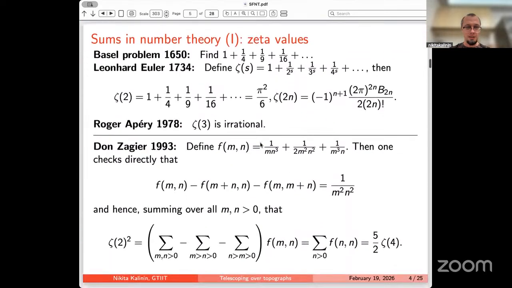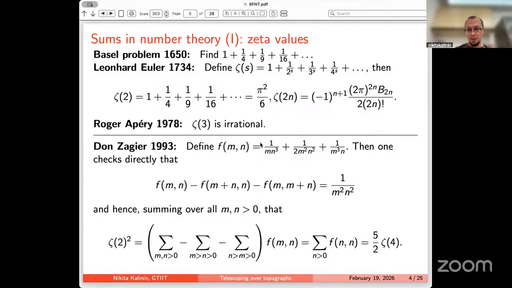Okay, and then there are some recent methods to study this, and I find them very beautiful. I found that in the articles of Don Zagier, so 1993, but maybe it was known even before, so it's not something that you attribute as a theorem.